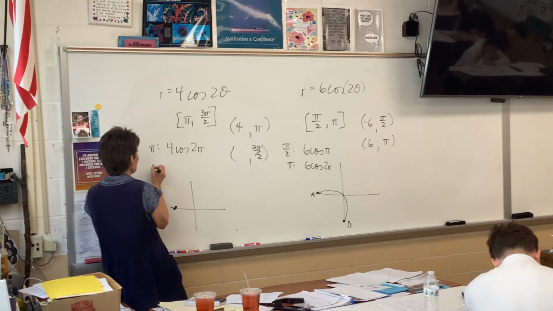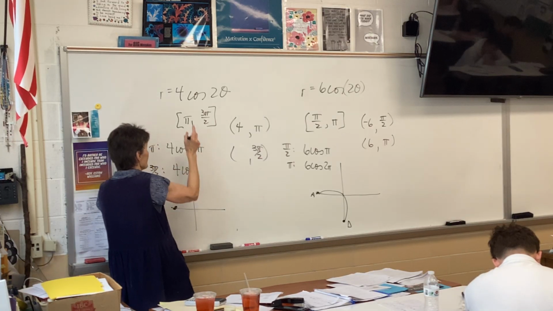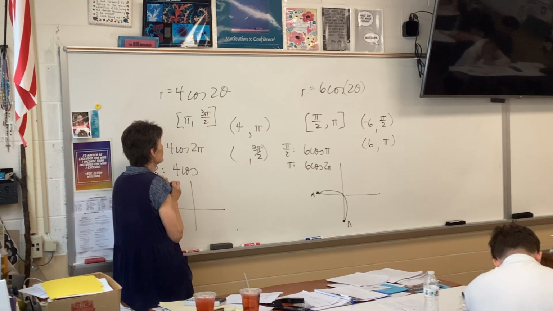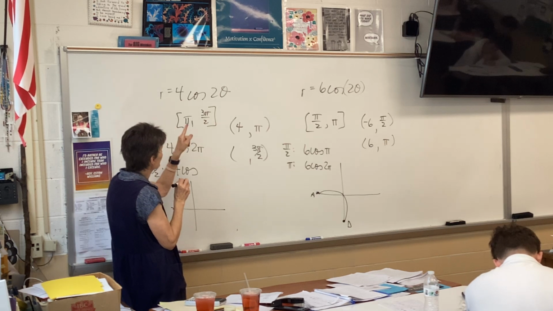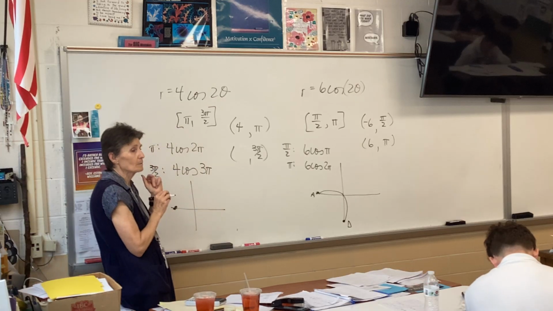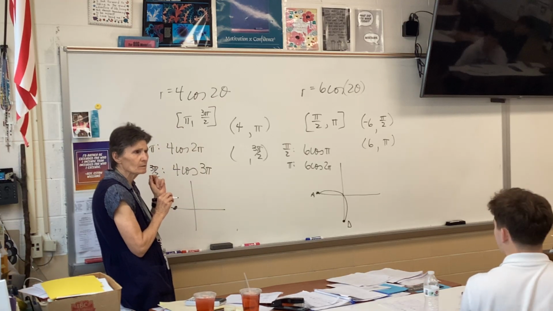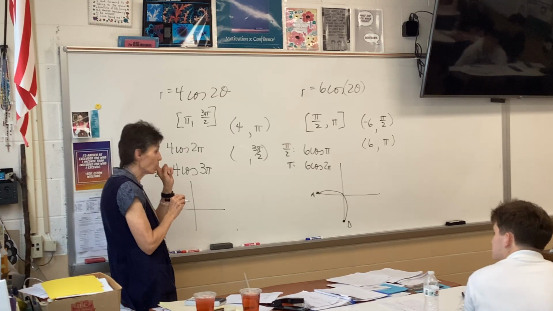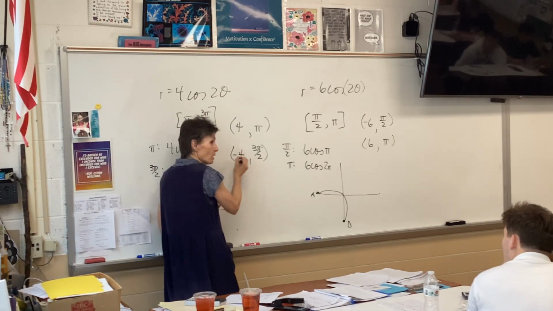Now let's put in 3 pi over 2. If I put in 3 pi over 2, that will be cosine 3 pi. What's cosine 3 pi? Negative 1, so won't that be negative 4?